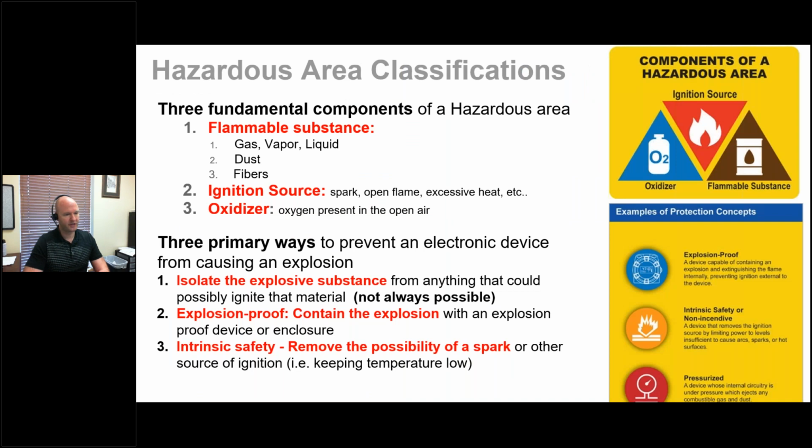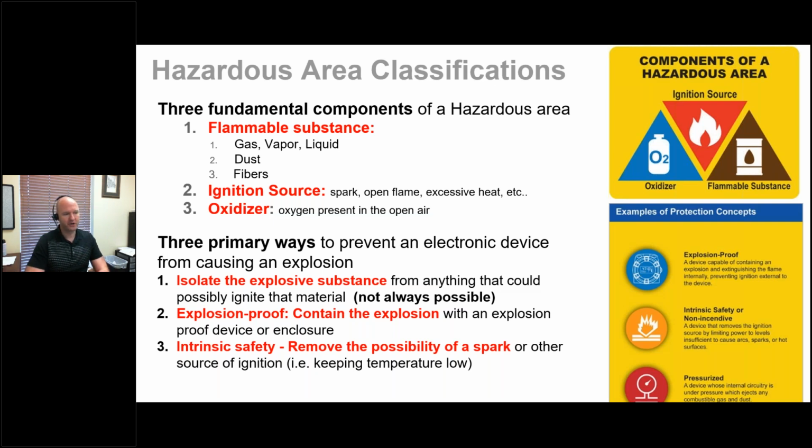And just to summarize here, what hazardous location certification actually does is prevent this from occurring, because if you've got a flammable substance, you have an ignition source, which could be our product, but would not be because it's not rated to cause that, and an oxidizer, you can actually cause an explosion.